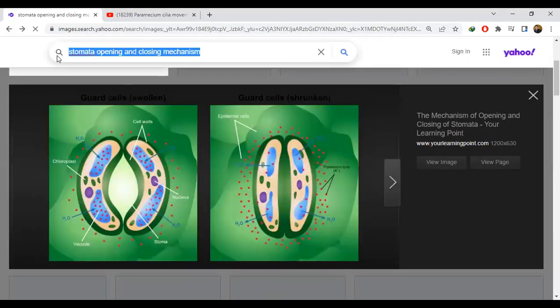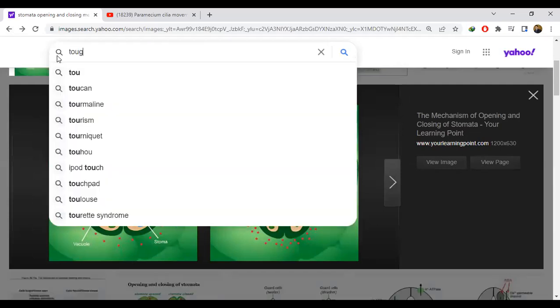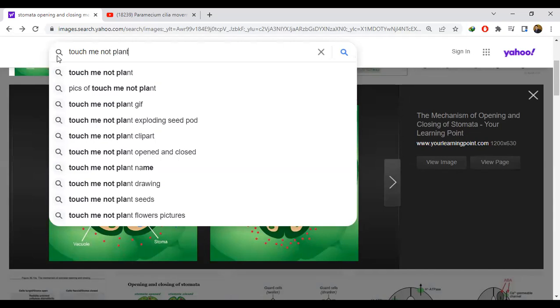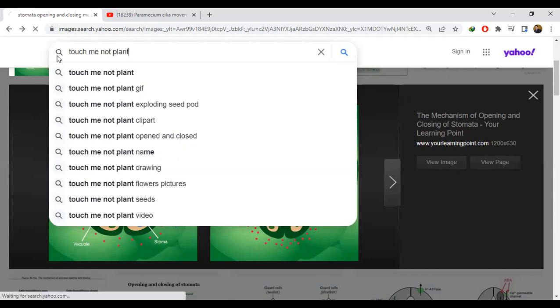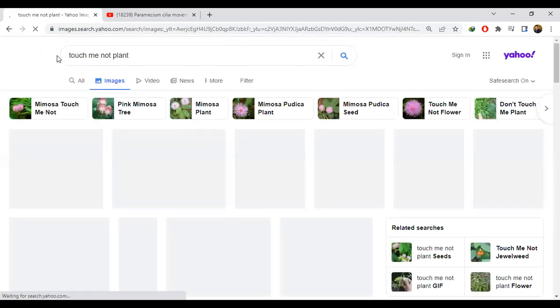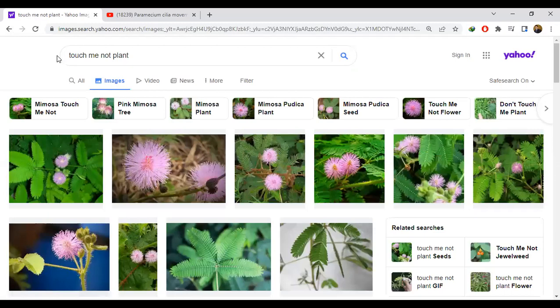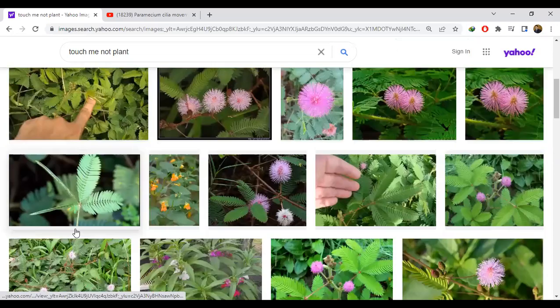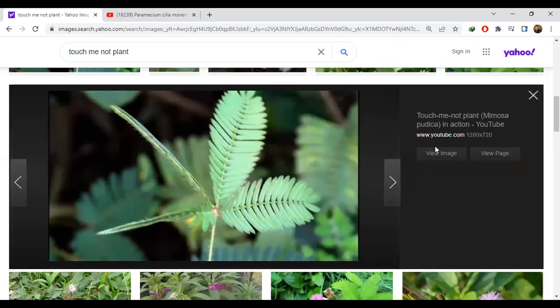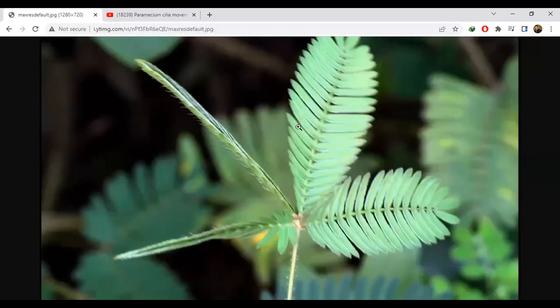I will go to that. You know the touch me not plant, the Mimosa plant. Correct? Okay. Why is it called touch me not? If you touch it, it will fold like this. Correct?